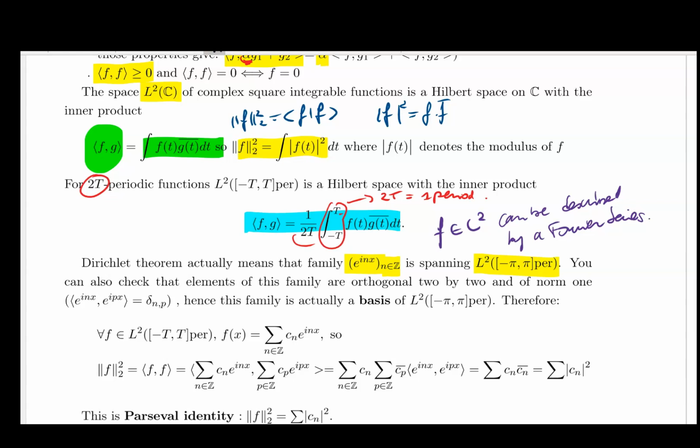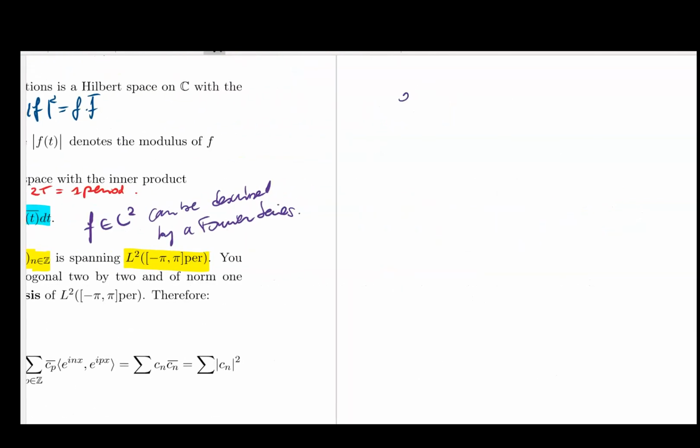We are going to check that the family e^(inx) for n in Z, which we already said is spanning, is also orthogonal. So what should I do? I should compute the inner product of e^(inx) with e^(ikx), for instance.